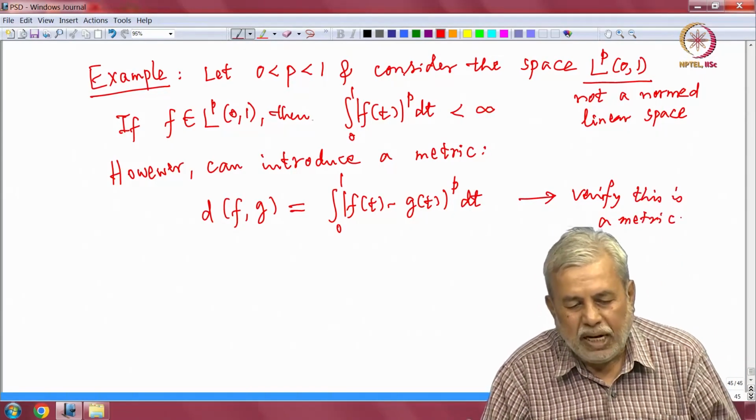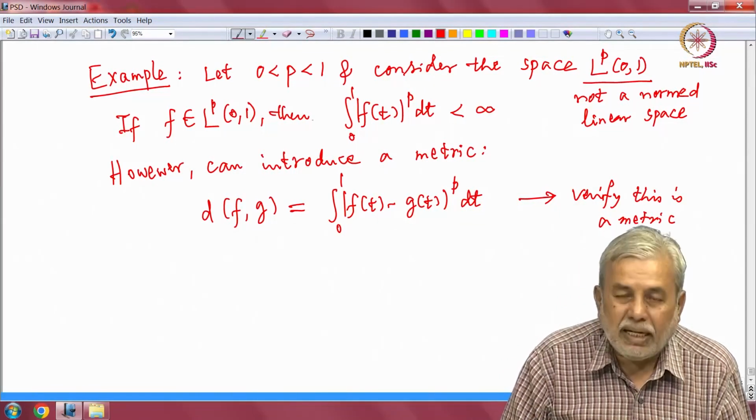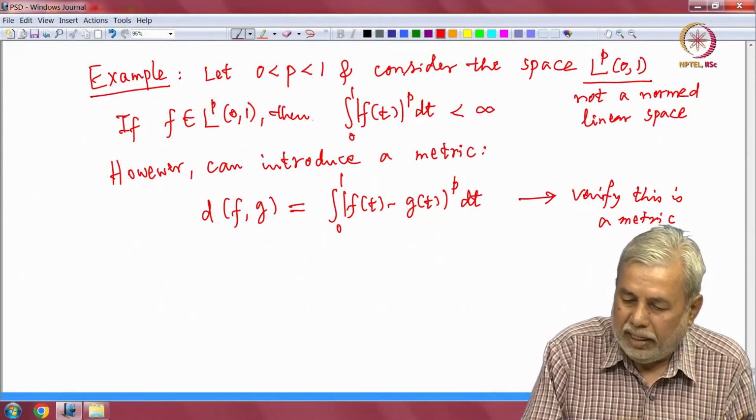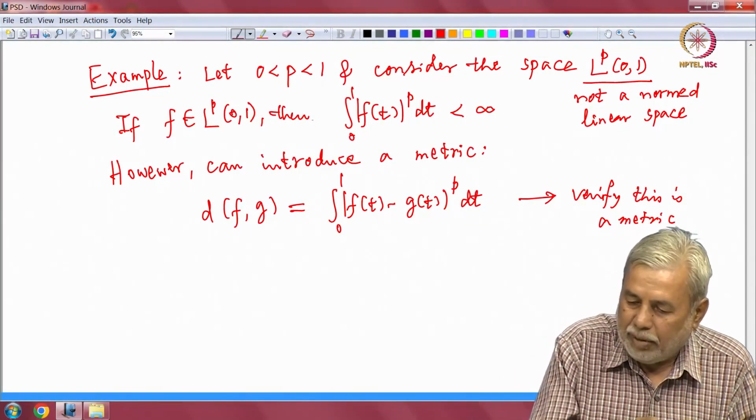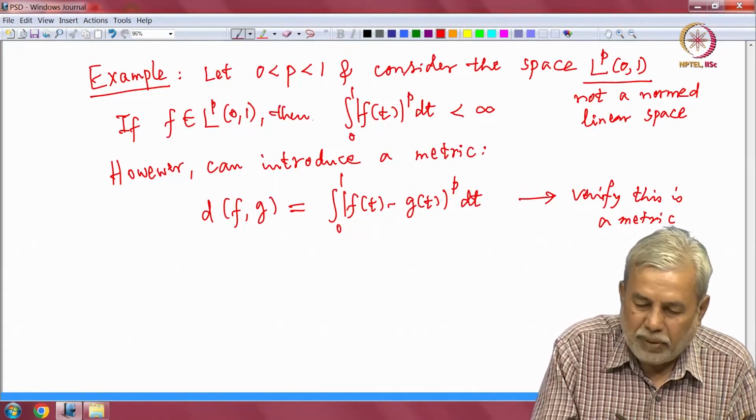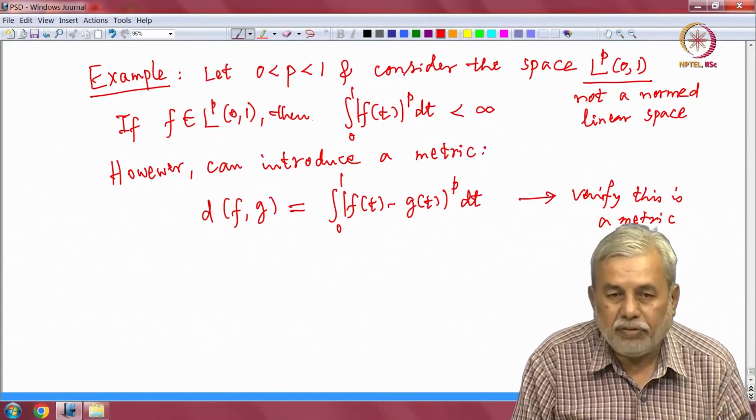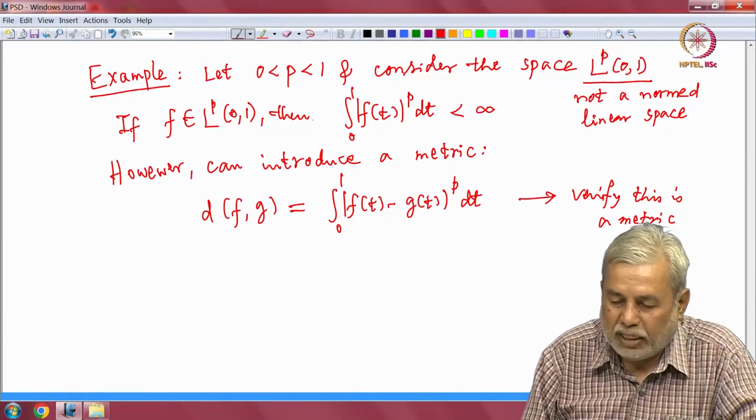So, LP becomes a metric linear space, and it can be shown. It's not very hard, but I'll just refer to Rudin's book, for example.